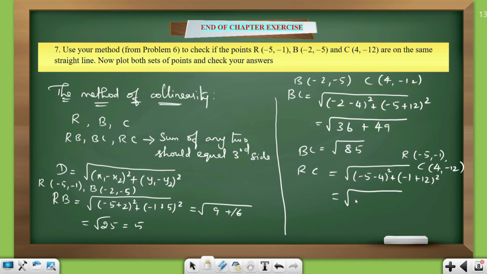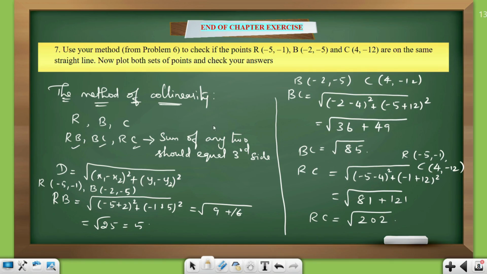This is minus 9 square which is 81, and this is 11 square which is 121, and the answer is root 202. So finally we found the values of AB, BC and AC. AB is 5 units, BC is root 85 and AC is root 202.